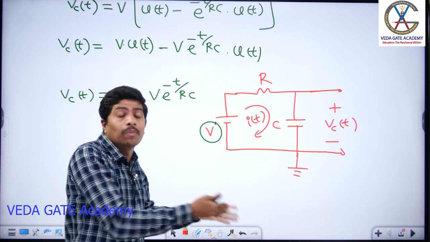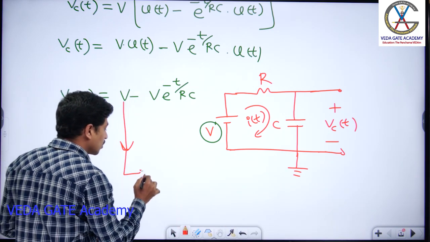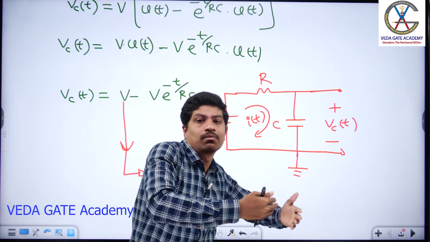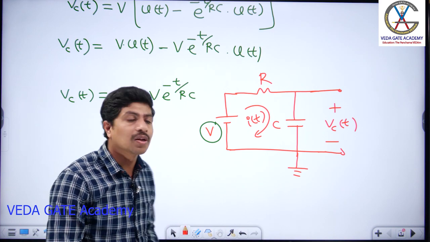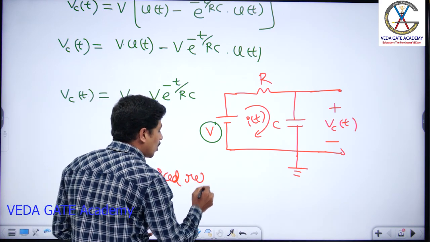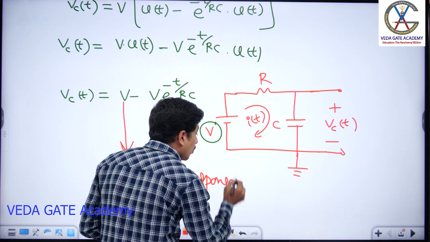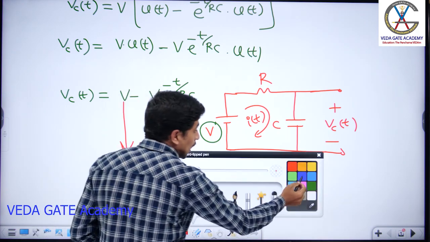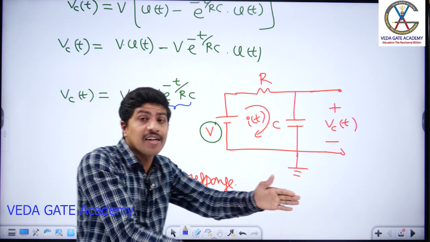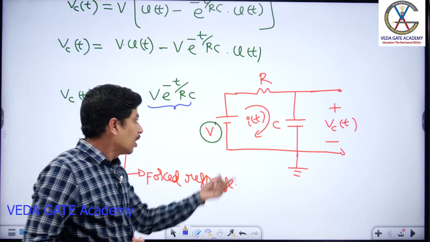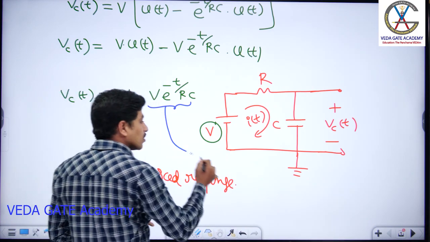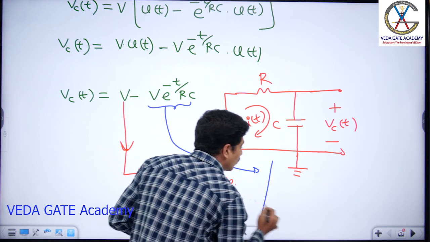Here exactly the input. This response, I told you, the response which follows the input is called the forced response. But if you observe, this part of the response is exponentially decreasing. We gave a DC source, DC input, but this response is exponentially decreasing like this.